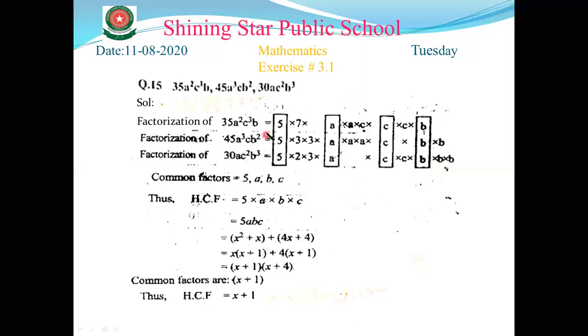Now, the common factor is 5, a, c, b. Now we multiply a, b, c with 5. So it becomes 5abc. Simple.